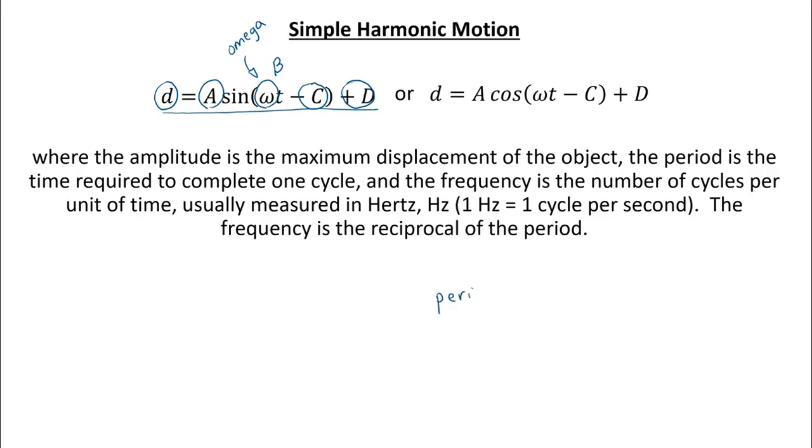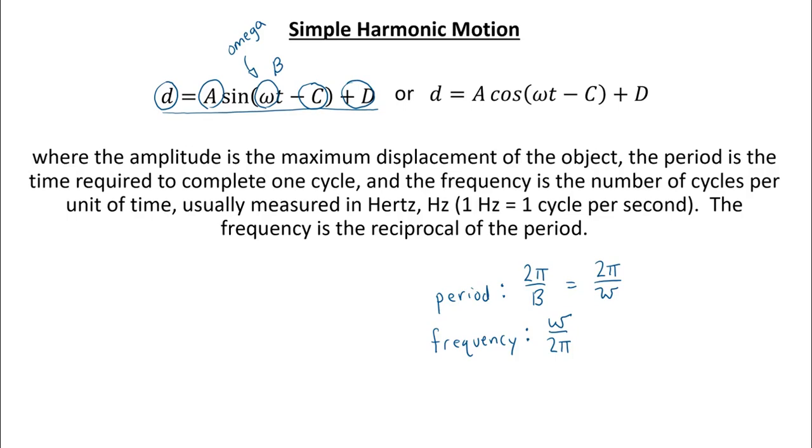We always used the formula that the period was 2 pi over whatever our b was. But in this case, we're not using the variable b, we're going to use the variable omega. So our period is equal to 2 pi over omega. But remember, the frequency is just the reciprocal of the period. So if the period's 2 pi over omega, that means the frequency is omega over 2 pi.